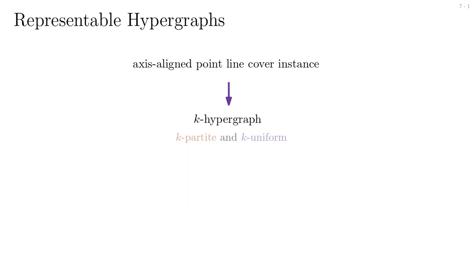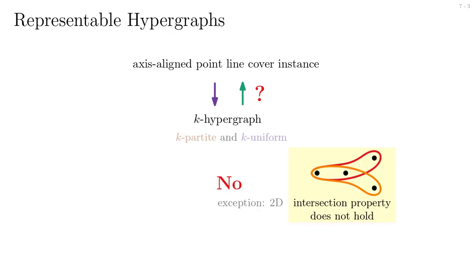Now let's summarize what we have. Every axis-aligned point line cover instance can be represented as a k-partite k-uniform hypergraph. But what about the other way around? Can every such k-hypergraph be represented as an axis-aligned point line cover instance?